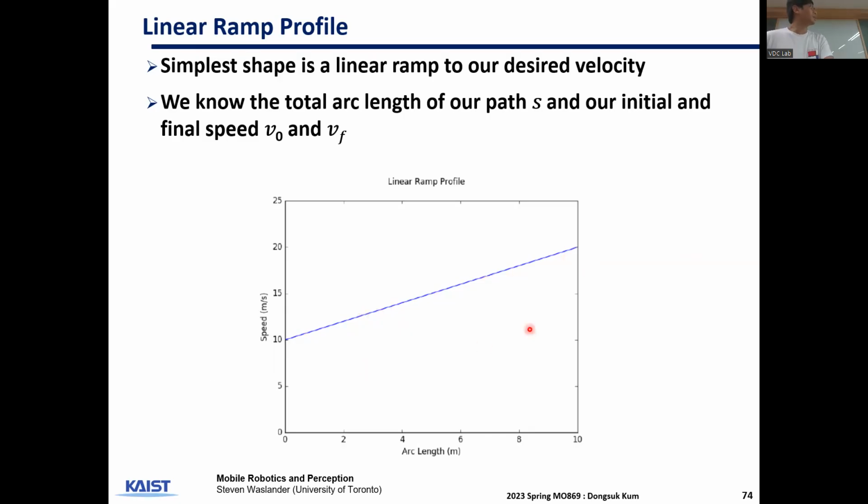With this, we use the total arc length of our path and our initial and final desired speed to generate this linear ramp profile. So this will be the speed that the vehicle will follow when traversing through the path.